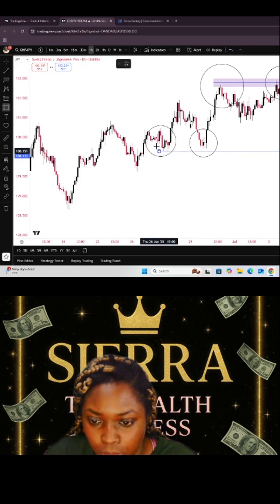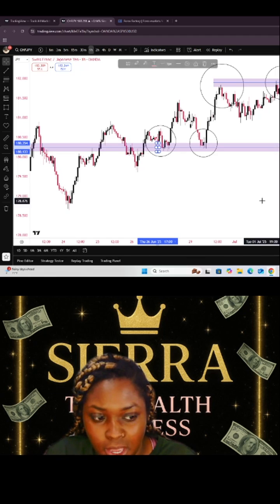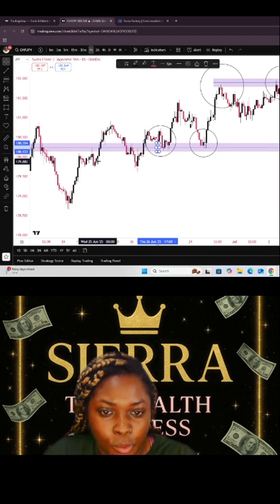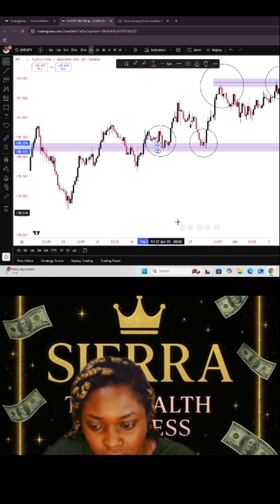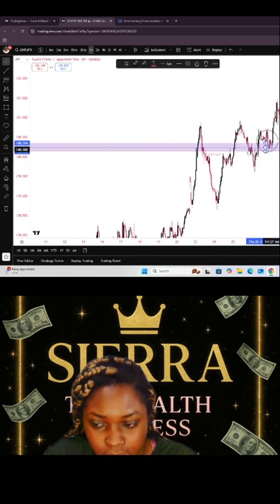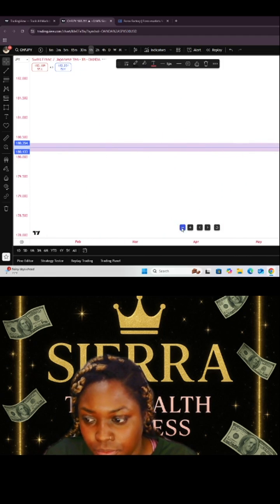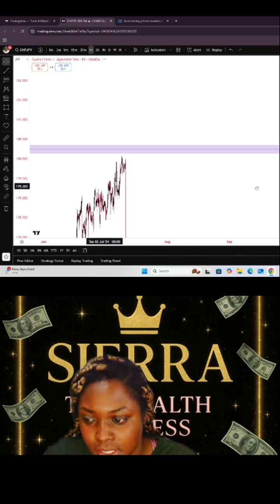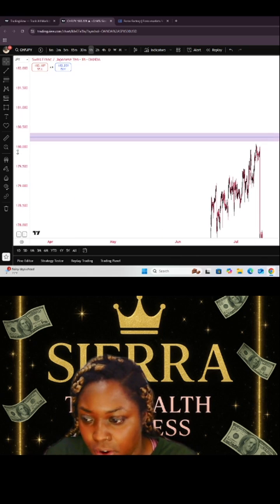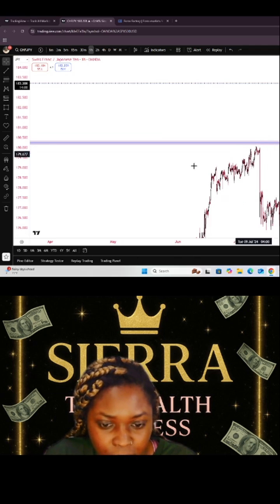And I'm just going to mark my zone, and I'm going to extend it to the left because also on the left, I wanted to have some type of reaction. So if I marked these 2 areas up, I extended it to the left, and I just want to zoom out to see, did price hesitate in this area further back? So here it almost reached the area, but not quite.